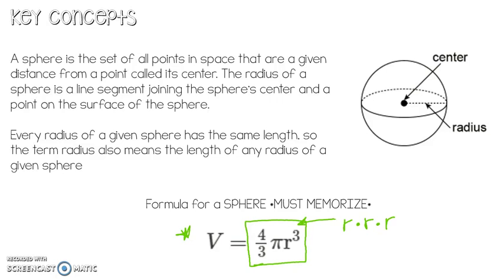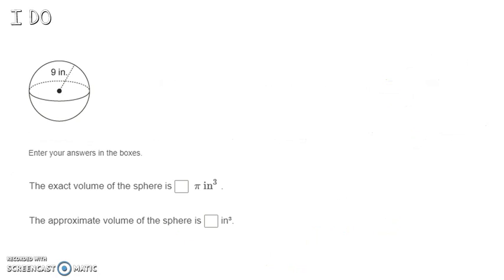Very important to recognize that difference between spheres and volumes for cones and cylinders. The reason we're cubing it is because the height and the radius are the same thing. My height is the radius. All right? So let's take a look at our first example here.